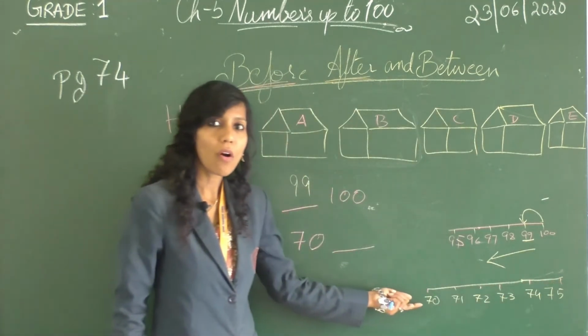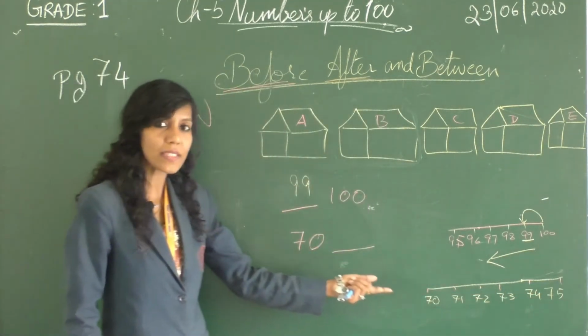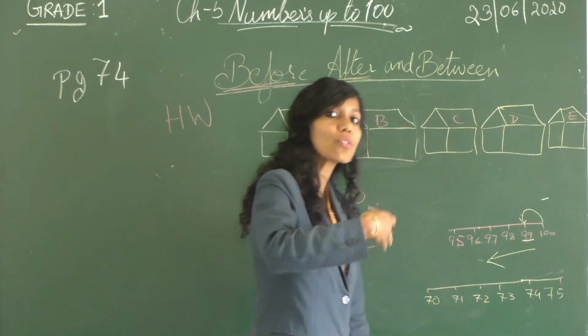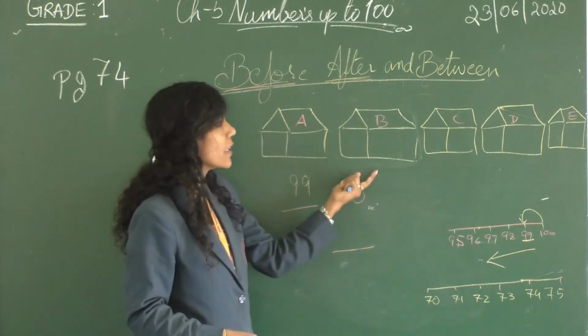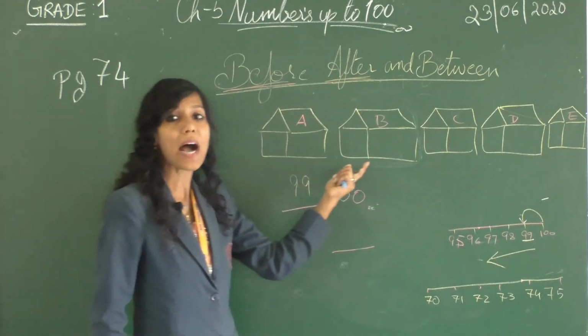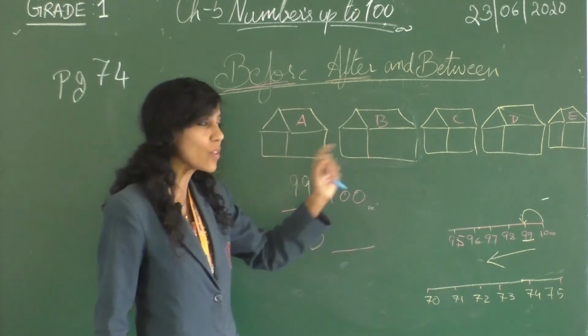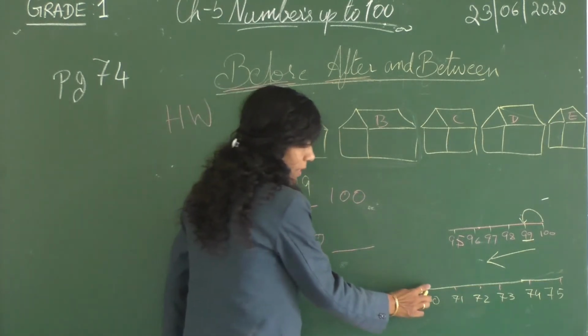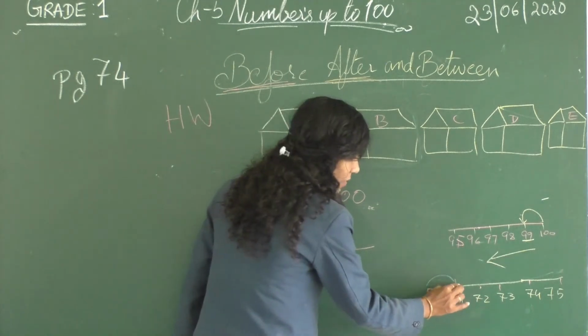Now, all these numbers are coming after 70. Only if you cross 70, you go to 71. Before crossing 70, you can't go to 71. Here, from A, you have to cross the house B to reach C. Before crossing B, you can't reach C. Similarly, after 70, the number which comes next is 71.